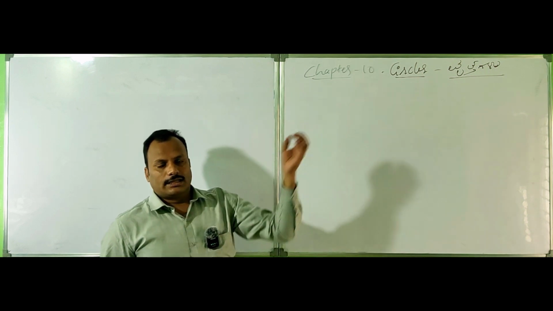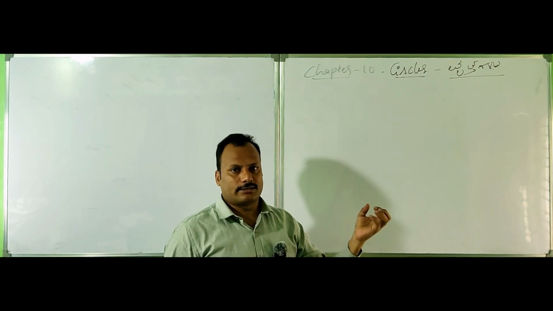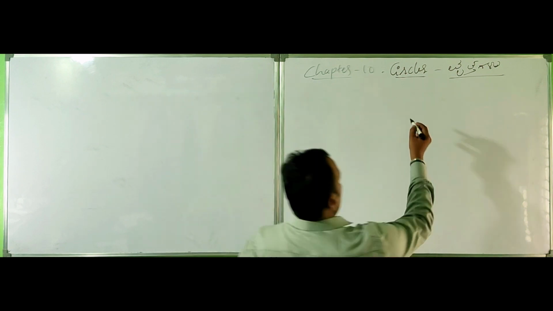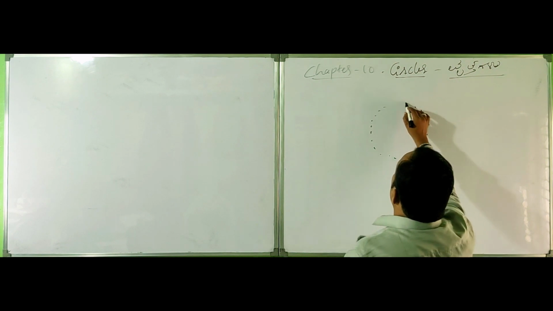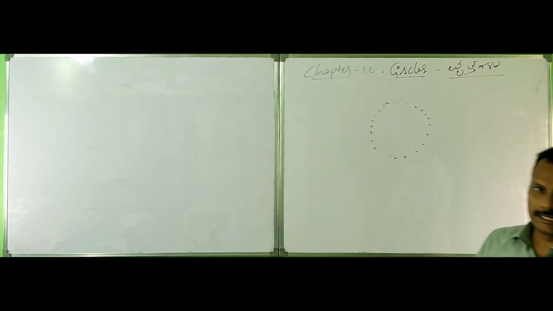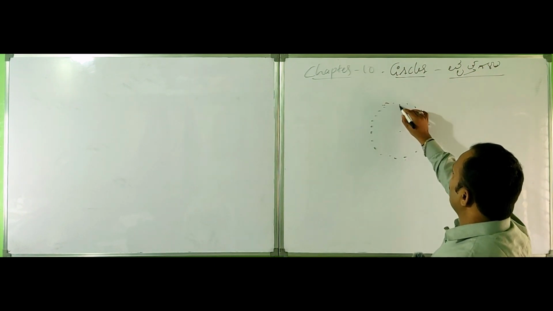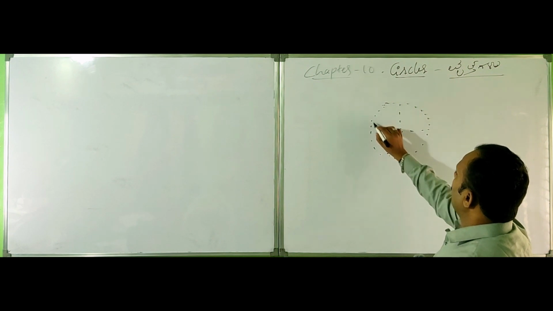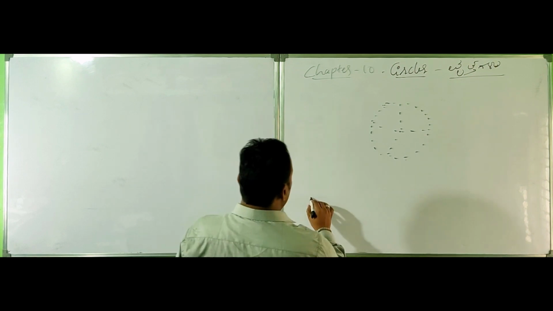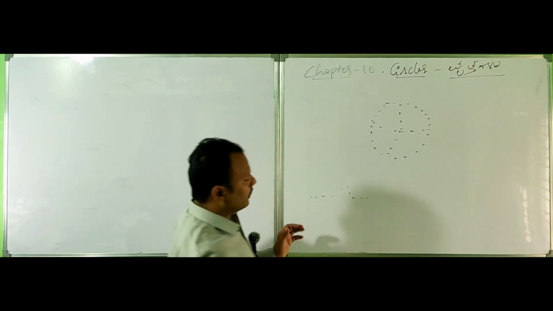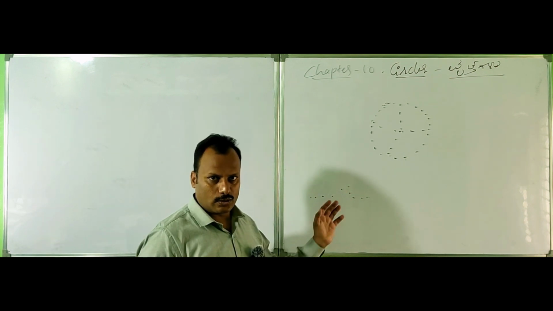Circle is the locus of points that moves in a plane such that, the locus of points means, the points are connected, connection between the 2 points.